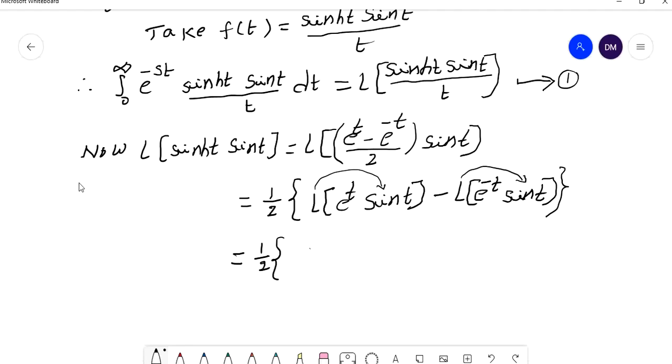What is L of sin t? L of sin t is 1 by s square plus 1.